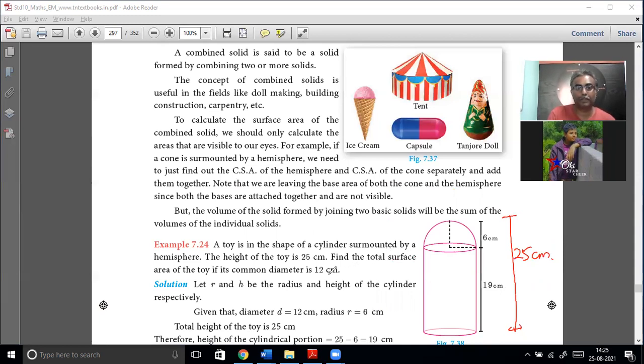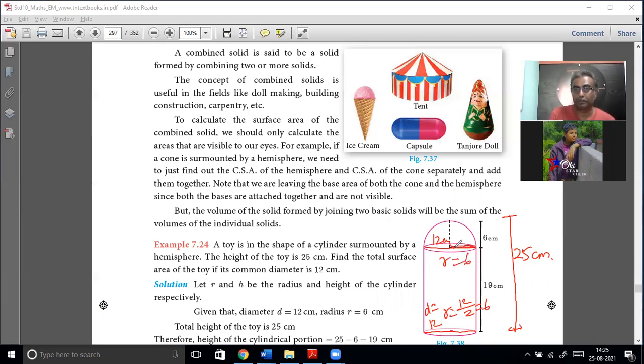Find the total surface area of the toy if its common diameter is 12 centimeter. That means this is 12 centimeter. This is also 12 centimeter. D is equal to 12 means R will be 12 by 2. How much will that be? 6 centimeter. Okay. So R is equal to 6 centimeter.